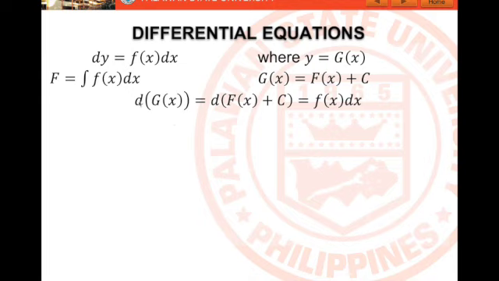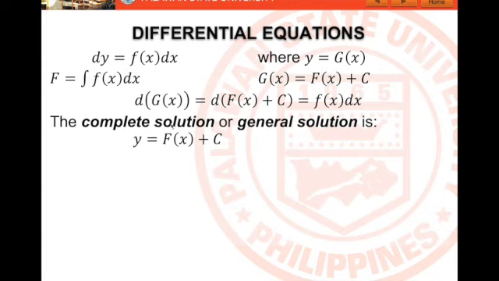So let's check. The derivative of g of x is just equal to the derivative of f of x plus c, which is just equal to f of x dx. So d g of x, that is dy. So we just go back to the original DE.